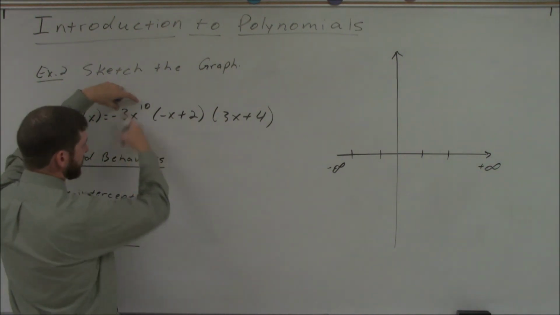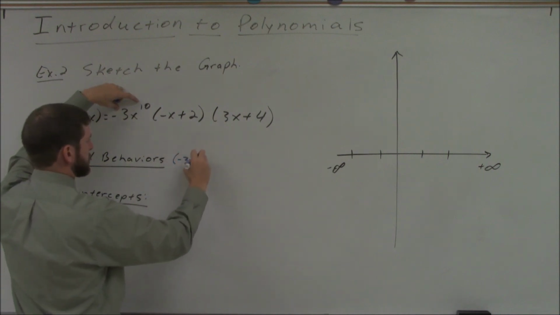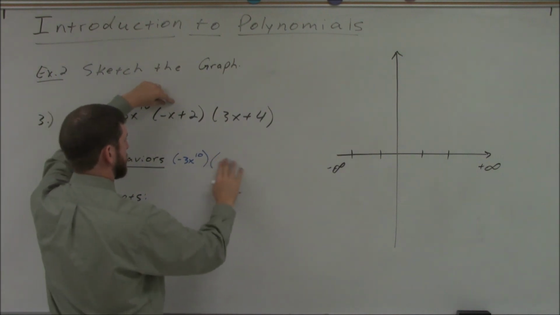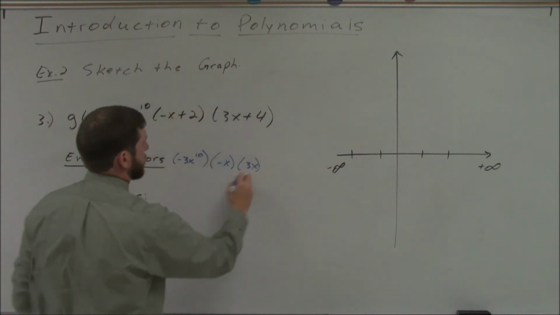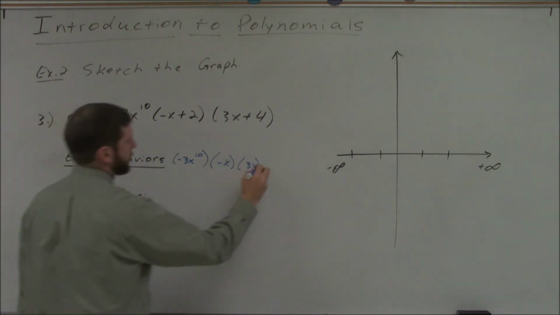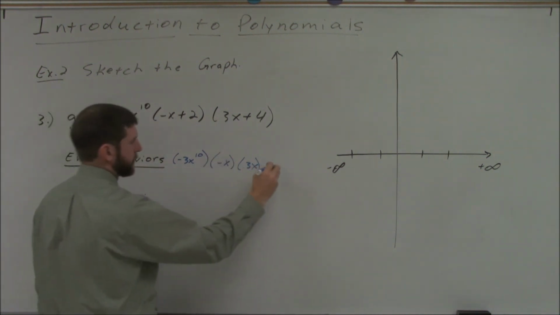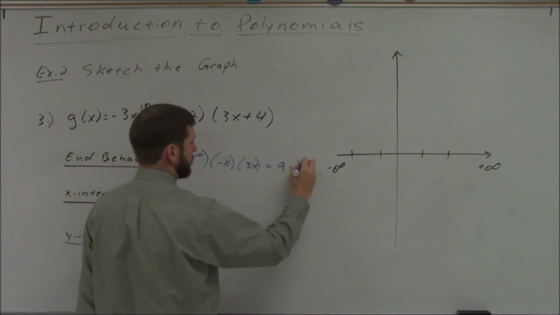But for right now, it's a variable term, so we can just take the negative 3x to the 10th, negative x, and then positive 3x. So we go through, we do arithmetic: negative 3, negative 1, positive 3 is 9, x to the 10th, x, x is x to the 12th.